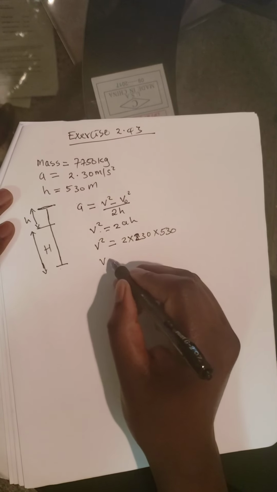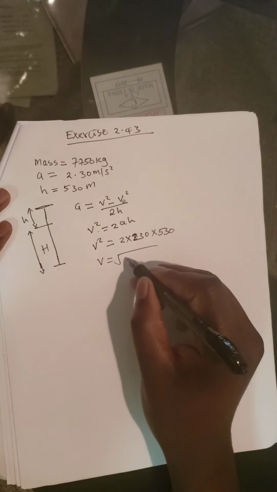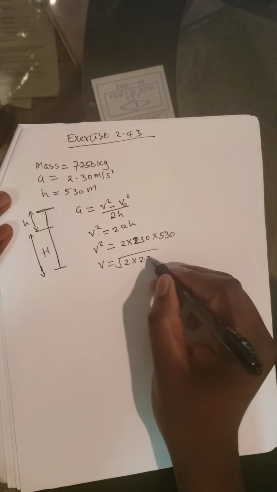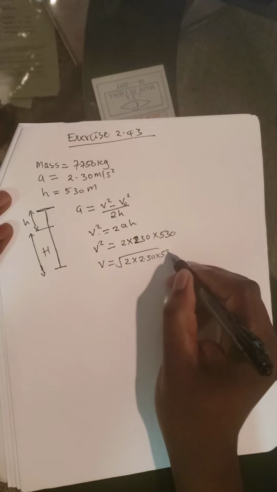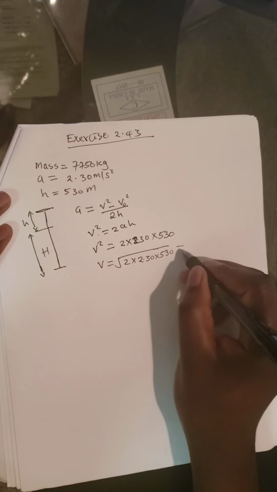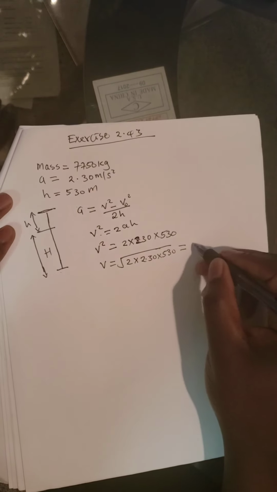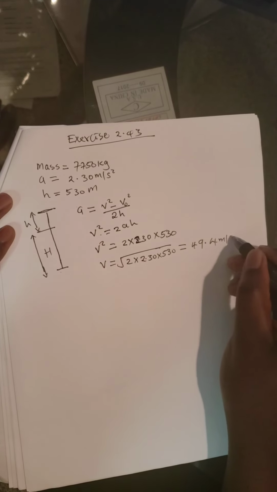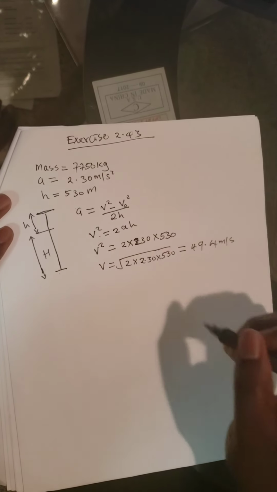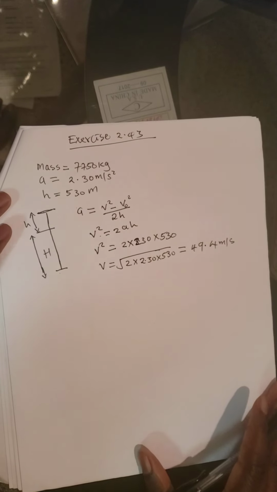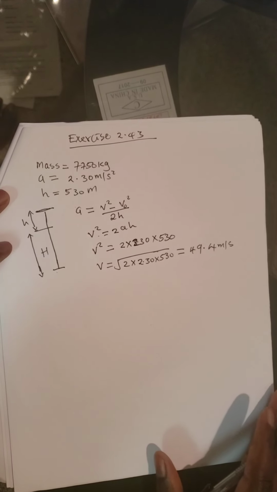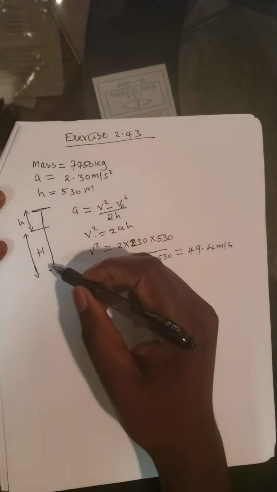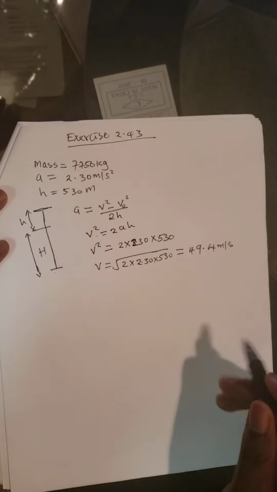So v is going to be the square root of 2 times 2.30 times 530, and this will give me 49.4 meters per second after taking the square root. So that's the velocity of the rocket before the engine failure.